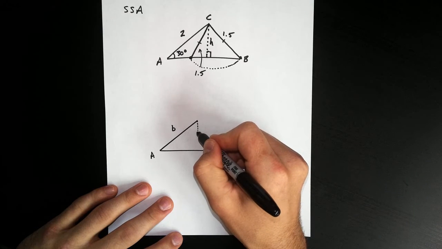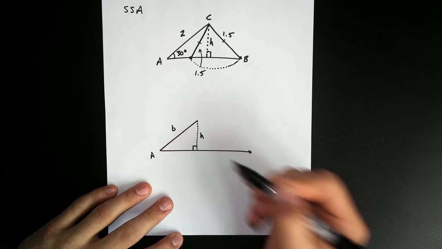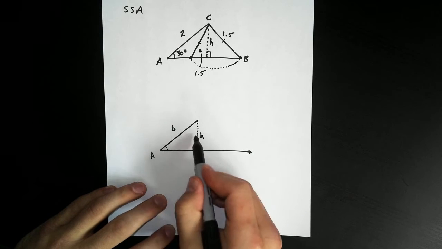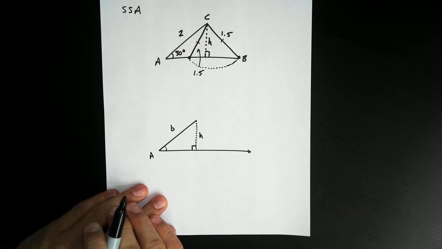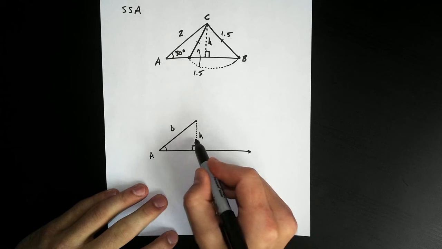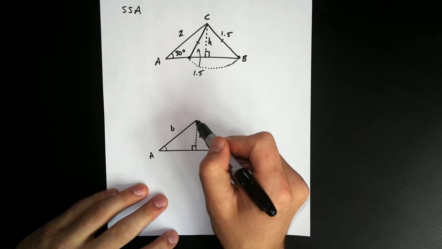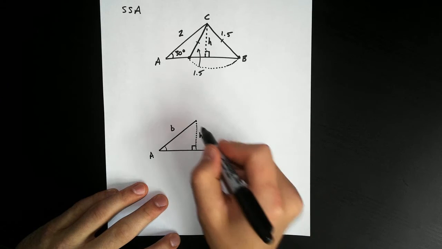And then we can also determine the height of this would-be triangle just using angle A, and we can use sine to figure that out. So now comparing these two side lengths, B and H, to the length of our third side that we know, we have a couple different possibilities.